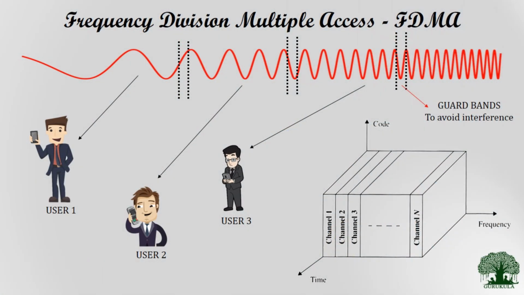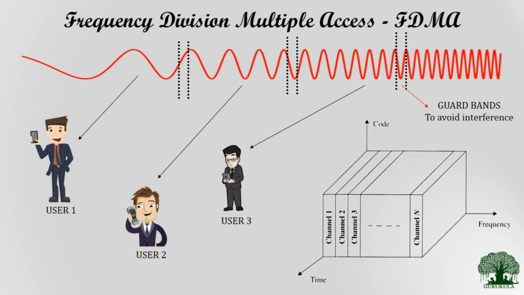As far as frequency division multiple access is concerned, every user is differentiated with respect to a particular frequency range. As depicted in the figure, each and every user will be allotted a different frequency band, and each of the frequency bands has a gap, which we call guard bands.